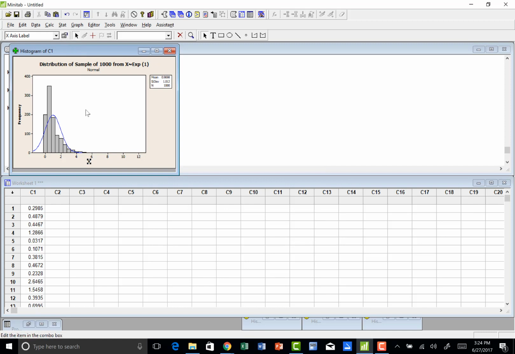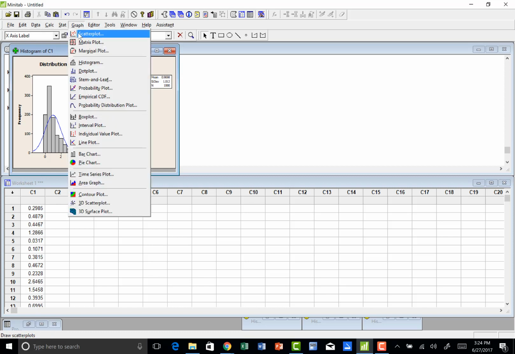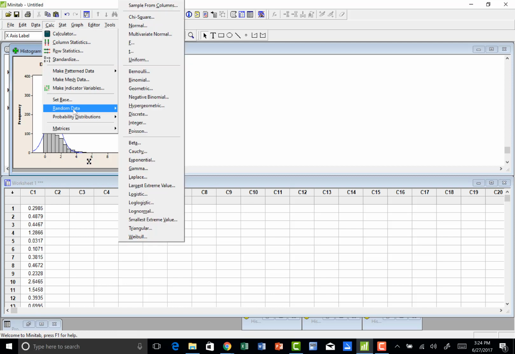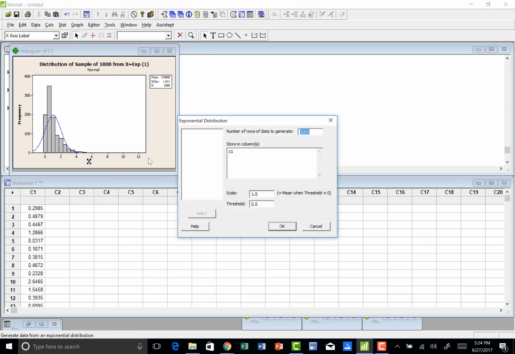Okay. So now we're going to make our sampling distribution of the sample mean for samples of size 10. We're going to follow the same process that we did before. We're going to make 10 columns from the exponential distribution, and I'm going to store those in C1 through C10.